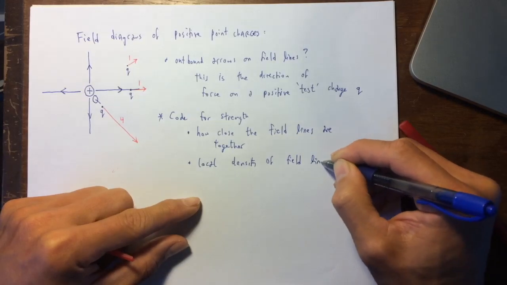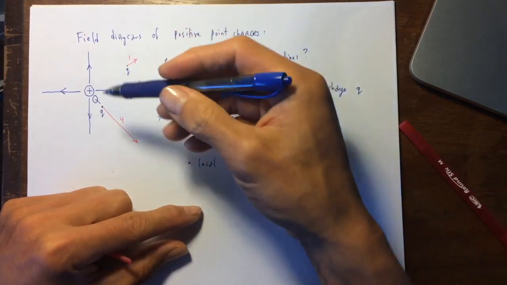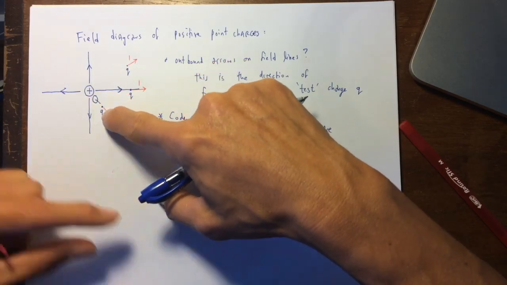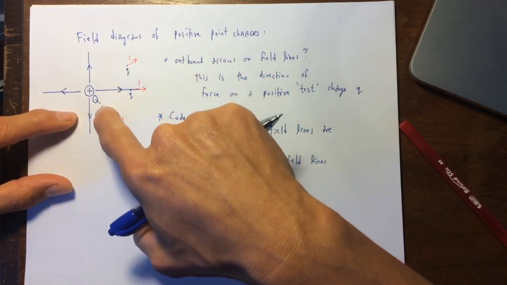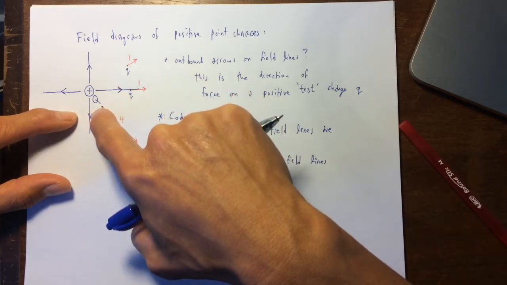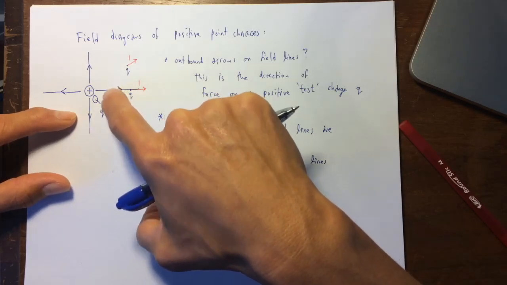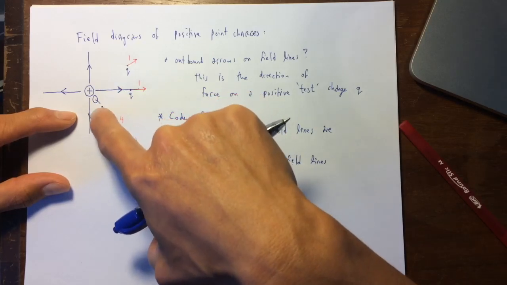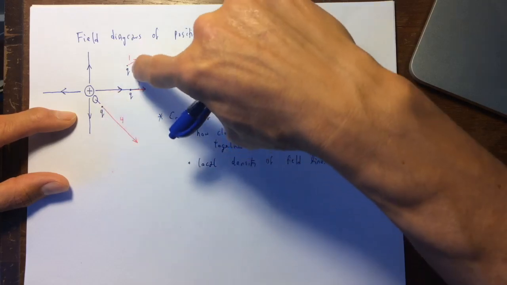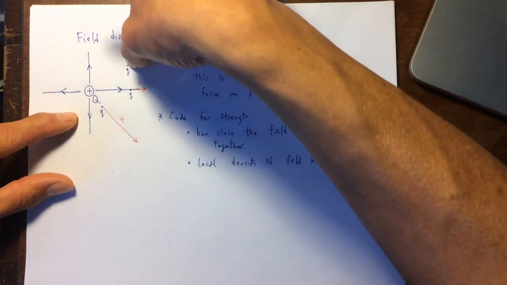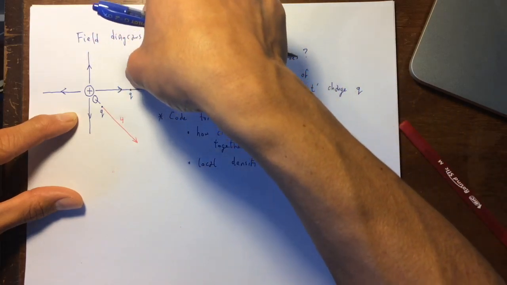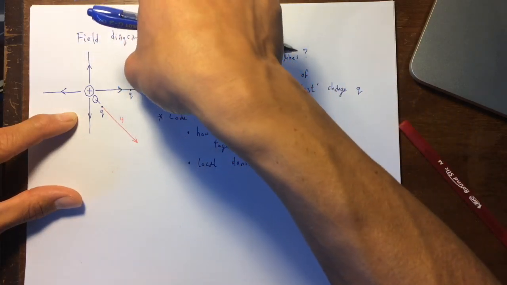So this little charge is sort of close in here, and if I check the immediate area, it's not very far to get to the nearest nearby field lines. So I'd say that close in, the field lines are quite dense compared to far out. If you go out here, how far you have to go to get to the adjacent field lines is actually quite far.